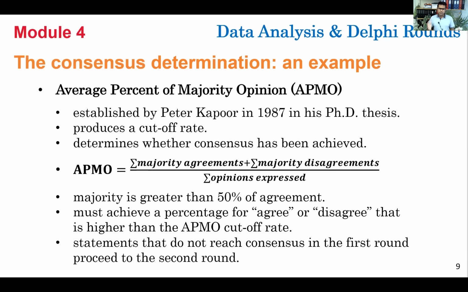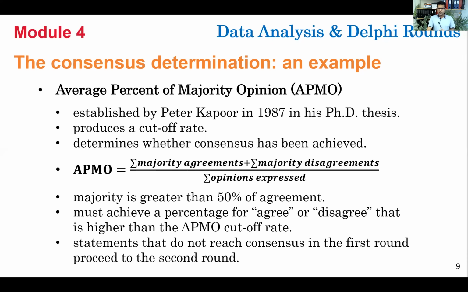The prescribed range can be determined by the average point of majority of opinions. We will be calling it APMO afterwards. That produces a cutoff rate for determining whether consensus has been achieved.